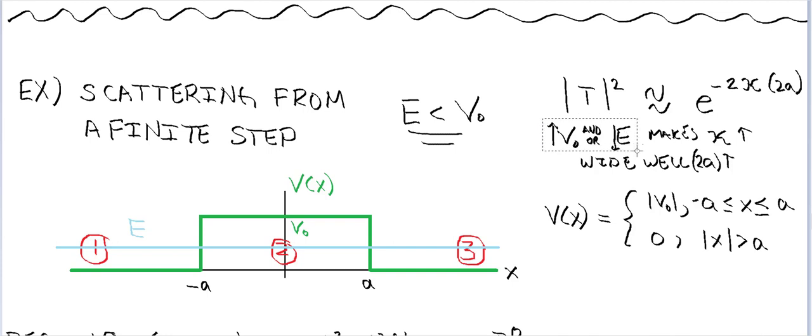If V naught goes up and E goes down, kappa gets really big, right? And a wider well means that 2a goes up. Since this is e to the minus 2 kappa times 2a, if kappa gets bigger or 2a gets bigger, the likelihood, this probability of transmission goes way down, right? It drops exponentially.